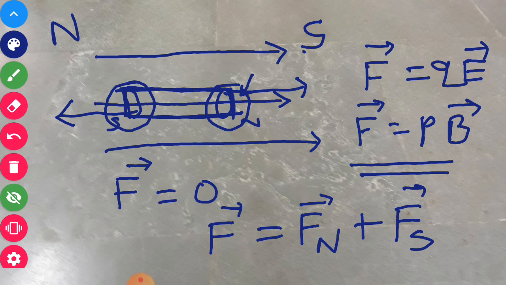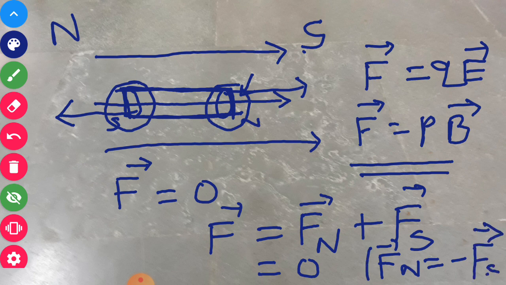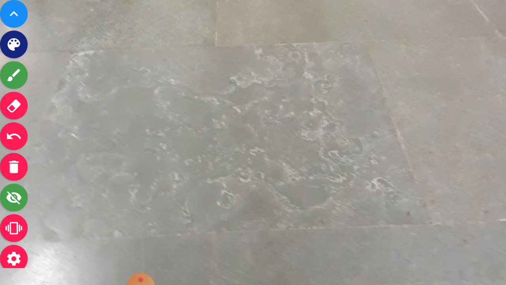So we can easily show that this net force is equal to 0 because Fn is equal to minus Fs, equal in magnitude and opposite in direction. So the resultant force is equal to 0. Now we want to find out the torque.